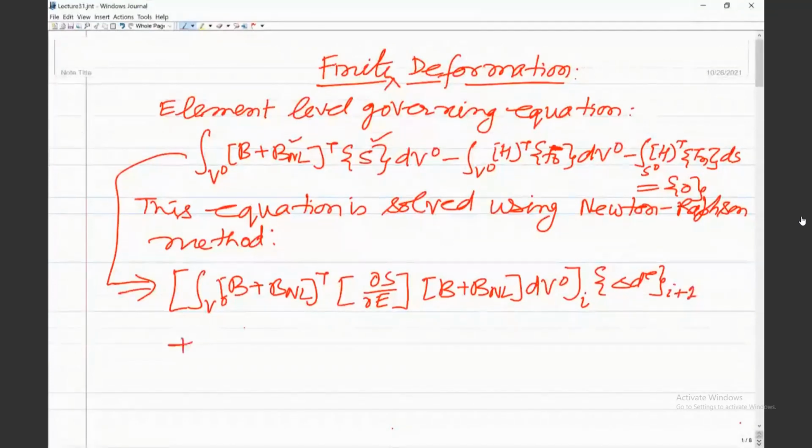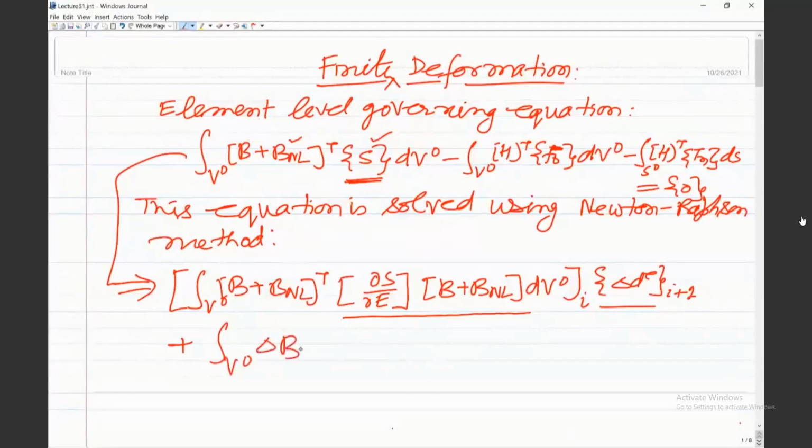Plus we will have the second term, because when we take the incremental form, the derivative term of the Taylor series expansion, once we have taken the derivative of S, we also need to take the derivative of BNL, because that is an unknown function of displacement. Of course B is constant, independent of DE, so its derivative is 0.